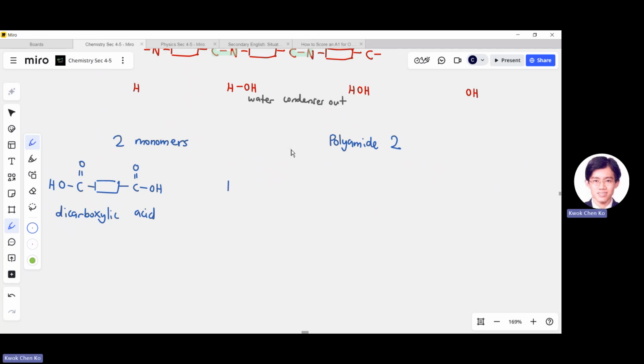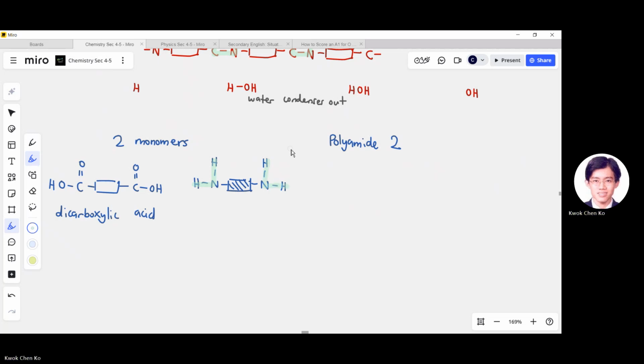Well, so I guess you won't be surprised to see the second monomer. It looks like this. Yeah, of course, you should be able to see the 2 amino groups.